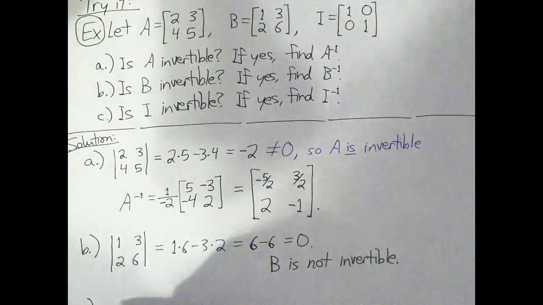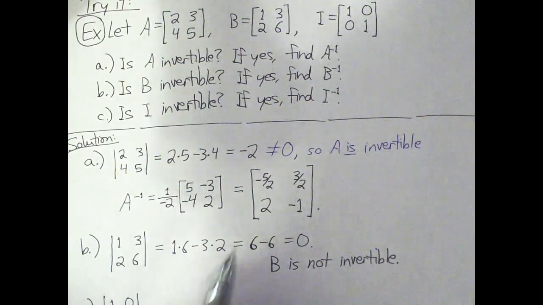Part C. Okay, this is the identity matrix. Let's find the determinant of it. Let's do this the same way we're doing the other ones. So the determinant of the identity is 1 times 1 minus 0 times 0. So this is 1. All right. It's not 0.